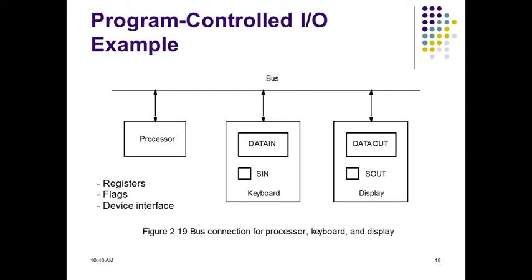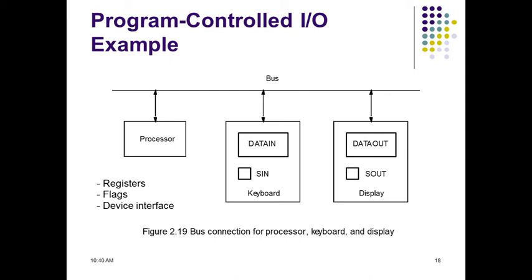When S out is set to 1, the display is ready to receive a character. Under program control, the processor monitors S out, and when S out is set to 1, the processor transfers the character code to data out. The transfer of the character to data out clears S out to 0.